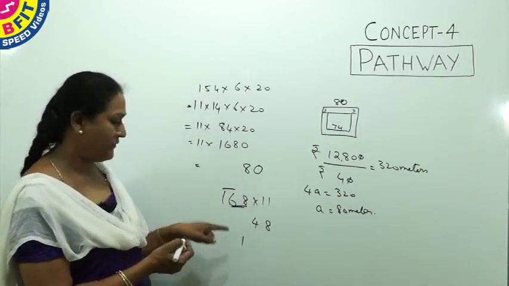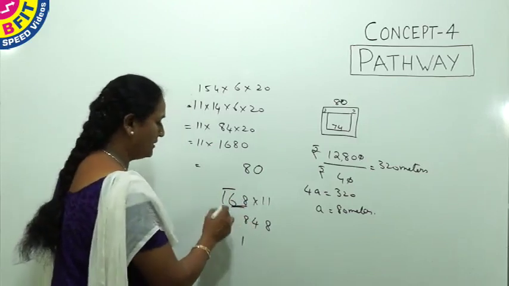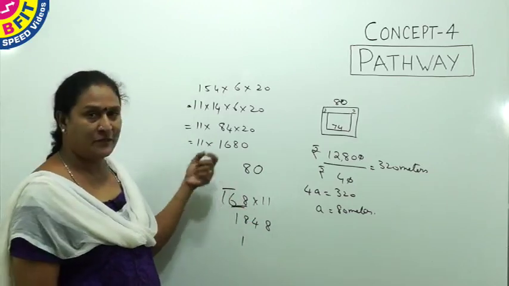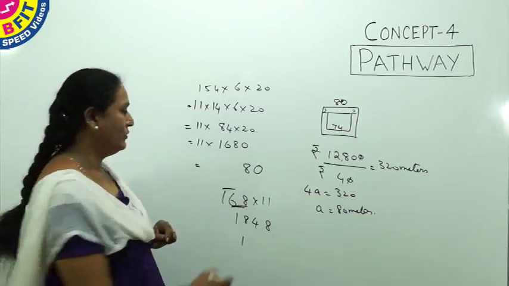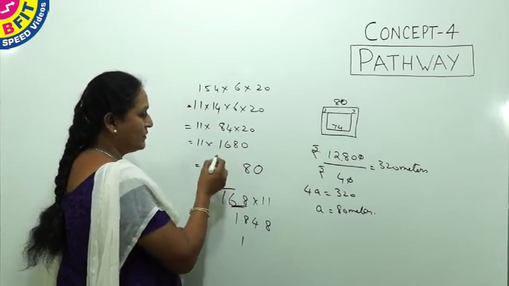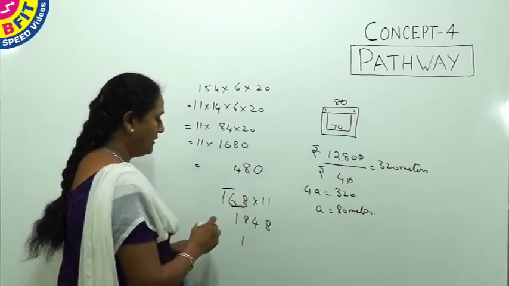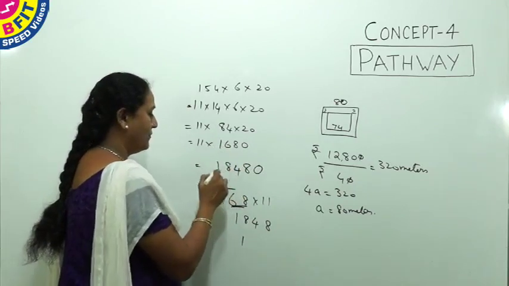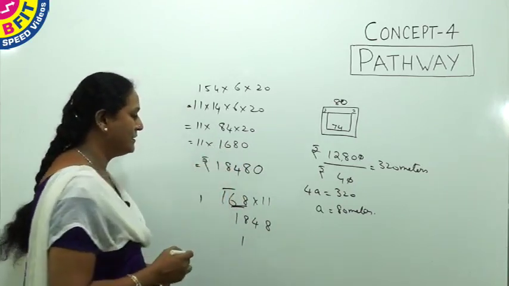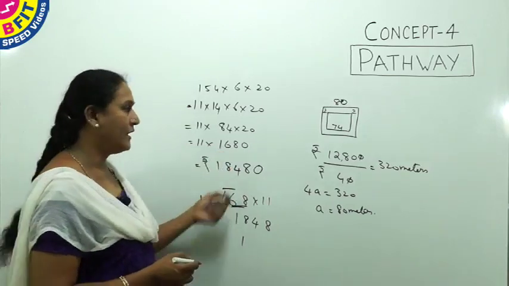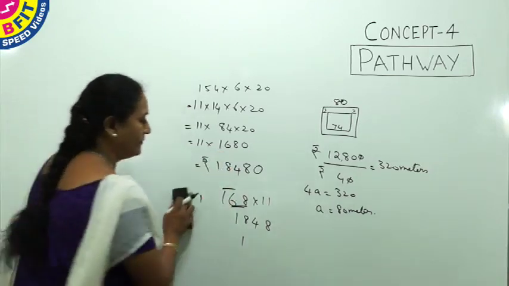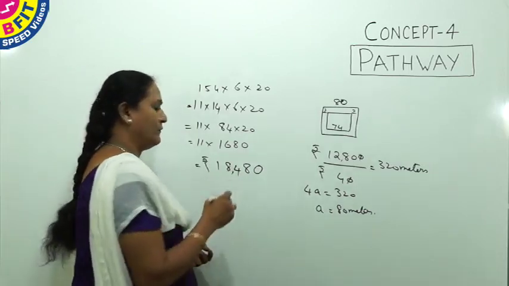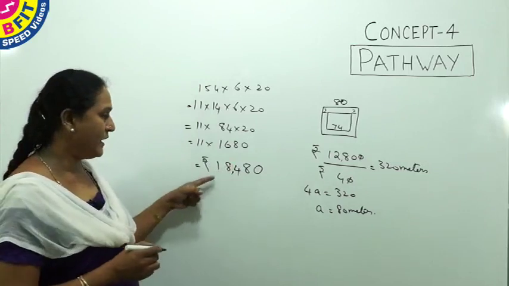So 6 plus 1, 7, plus 1 it is 8, and then write 1. So by using the technique of speed math, we have written this 0, write this 8. Add 8 and 6, it is 14 and 1 carried over, 6 plus 1, 7 plus 1, 8 and write 1. So the total cost is 18,480. So the cost required for the cement pavement is rupees 18,480.